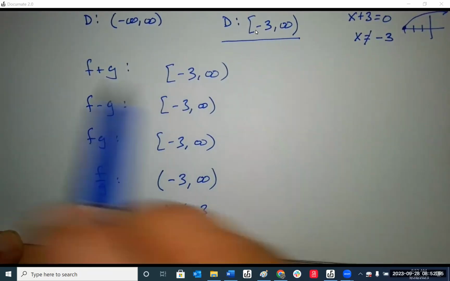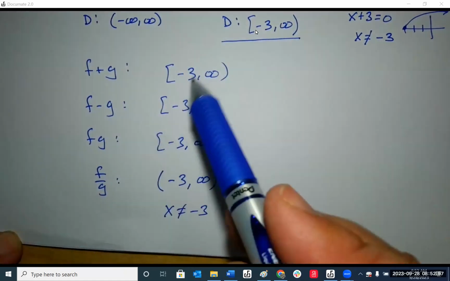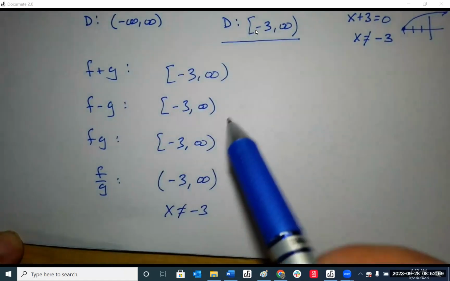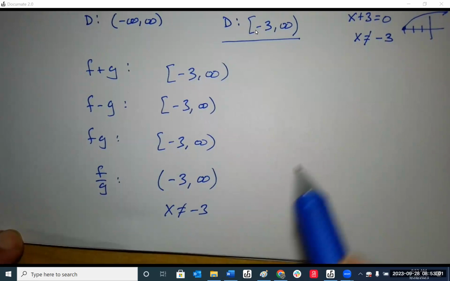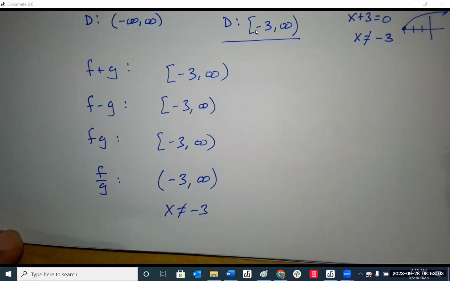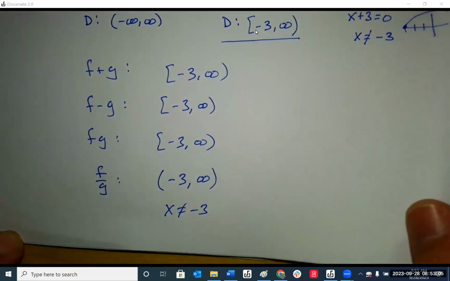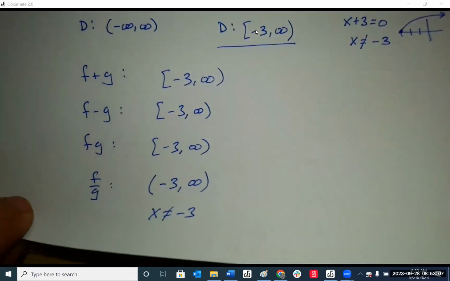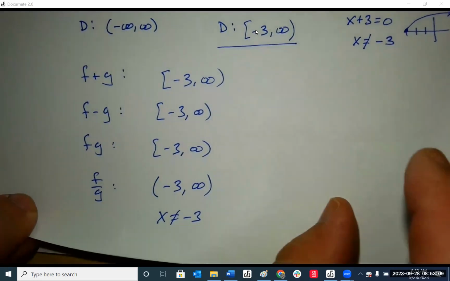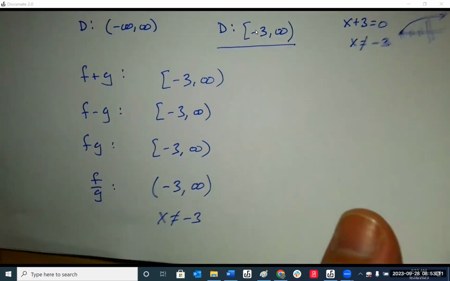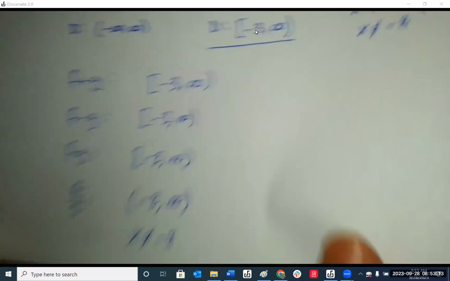So again, whenever you have a composite function or adding, subtracting, multiplying, dividing functions, you always use the domain of the smaller function. Make sense? So again, you're only restricted by the restriction of the smallest one. All right.